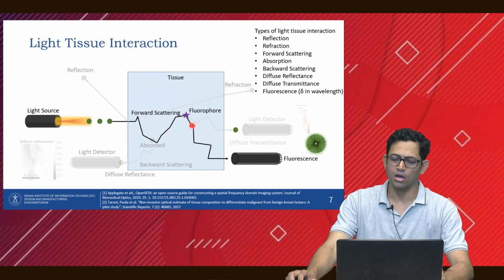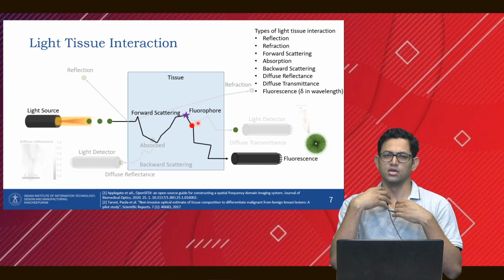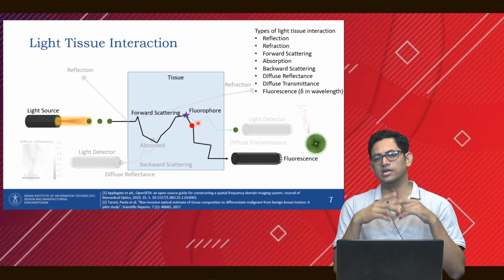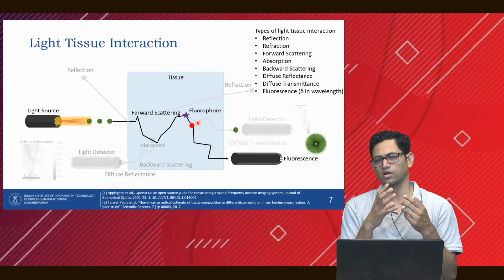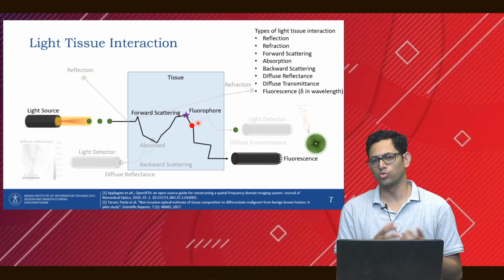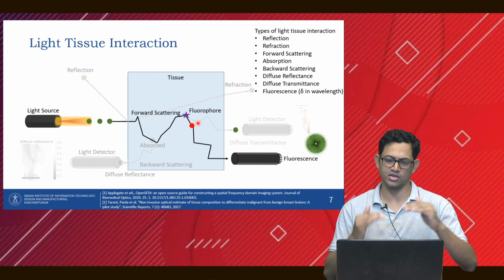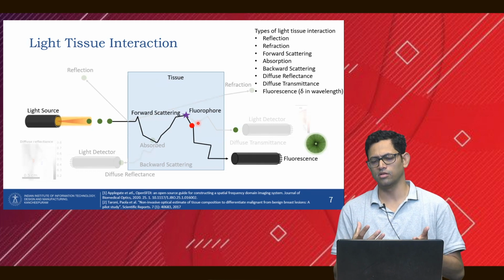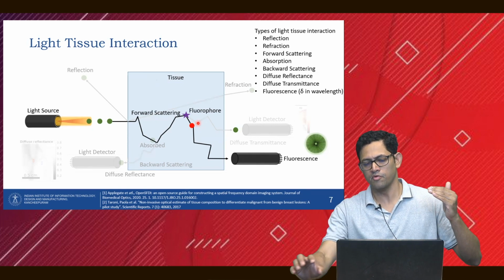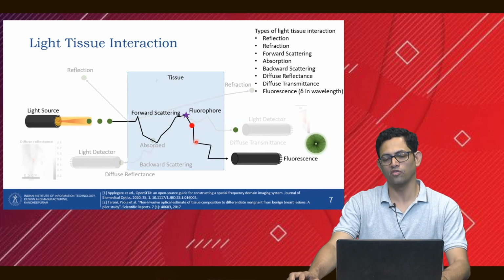Now again, the biggest challenge with the fluorophore is that the intensity of the light emitted by the fluorophore is significantly smaller. Maybe it's on the order of 10 to the power 4 to 10 to the power 6 times smaller, right. So there is a significant reduction in the intensity of the light emitted by the fluorophore. Before it actually comes out of the tissue, it has to again go through a lot of scattering, right.